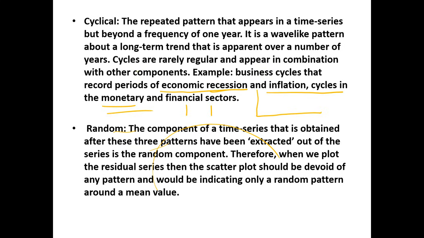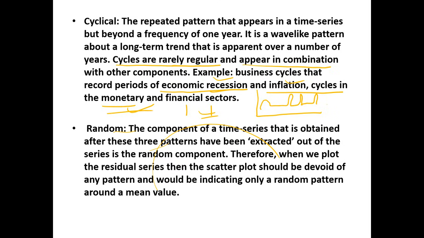Two important points: the cycles are not regular. That means you don't see it at a very regular interval of time. There could be a peak here and then a long time, and then suddenly another peak after a long time, and there is no regularity as such. It is also related to a number of other factors, like economic recession, inflation, and monetary policy changes in the country.